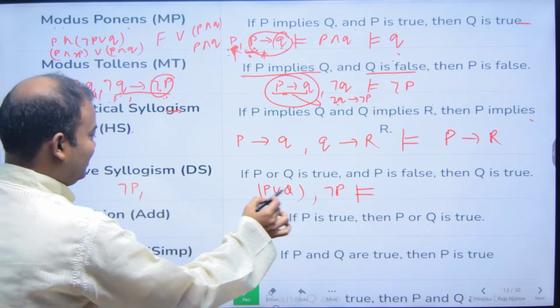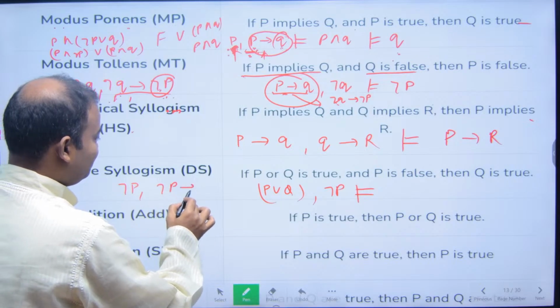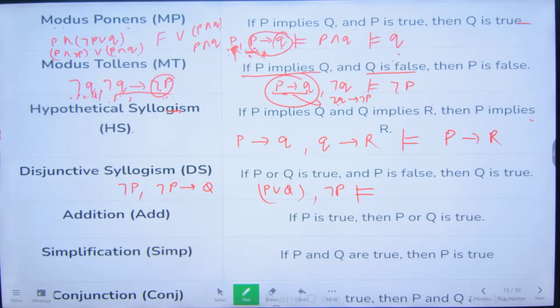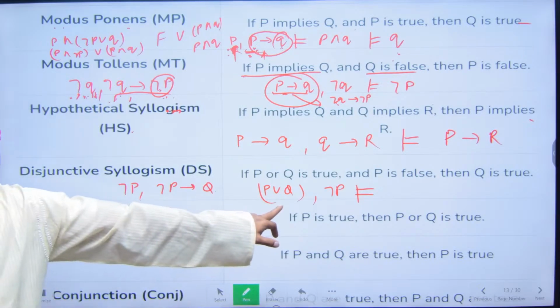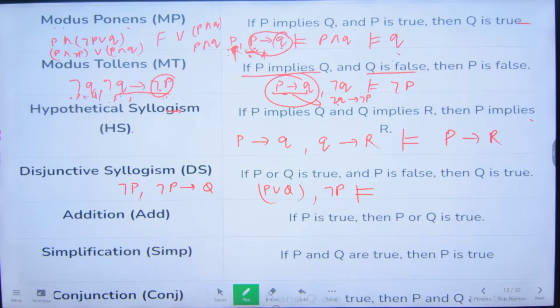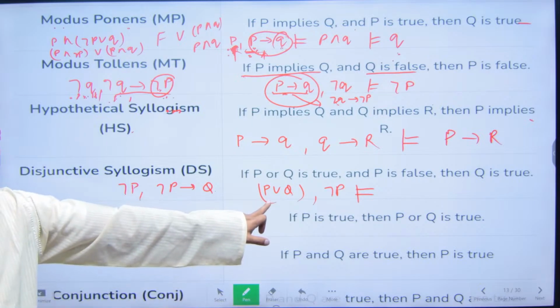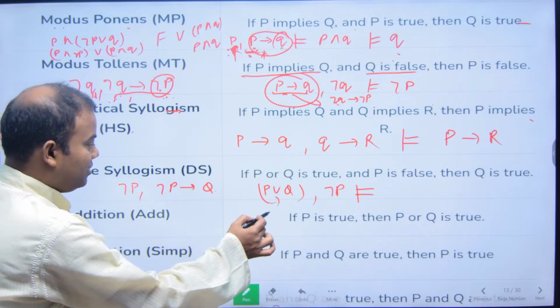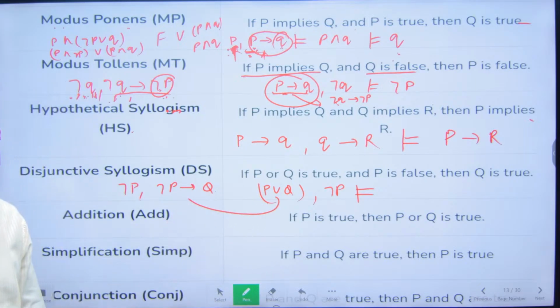Not P, and this is equivalent to not P or Q. This thing. This is clear या कोई doubt है?